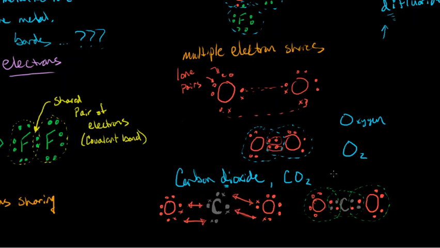We've seen this phenomenon twice now, where two atoms are sharing 2 pairs of electrons. This carbon and this oxygen are both sharing 2 pairs of electrons. Here we have another 2 pairs being shared. This is called a double covalent bond.